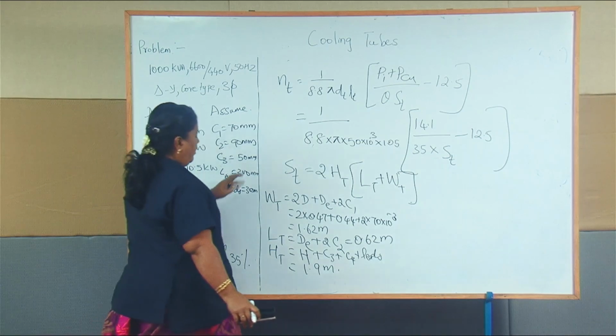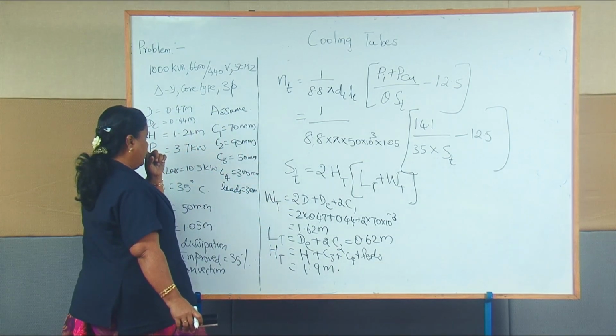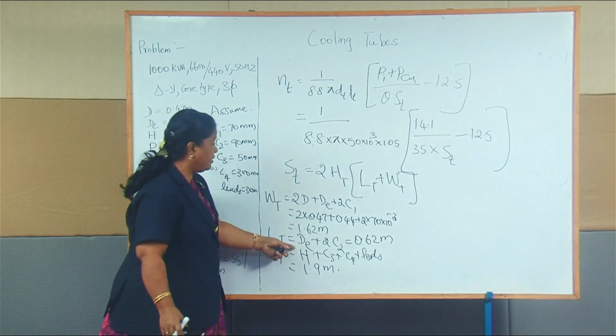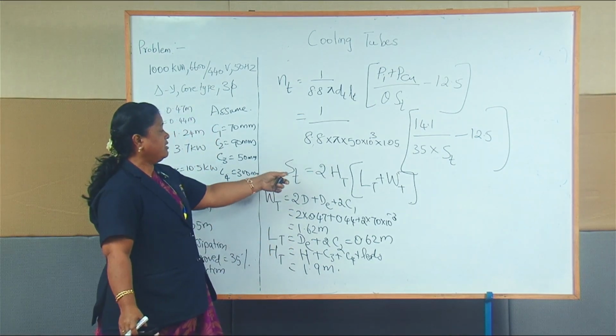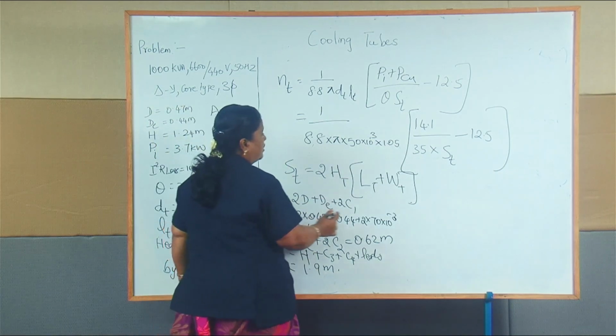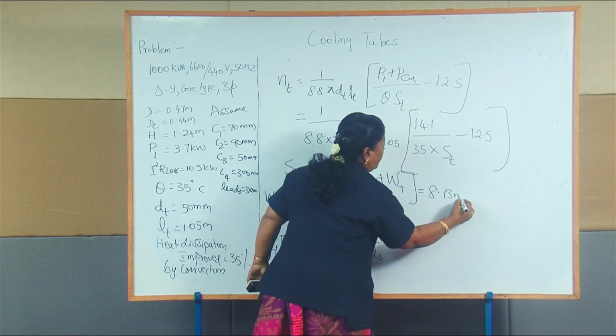So, we have calculated all the dimensions of the tank, where only the transformer dimension is given. From that we have calculated the dimensions of the tank. Next we will calculate the surface area of the tank, substituting all the values. Finally, you should get the ST value as 8.13 meter square.